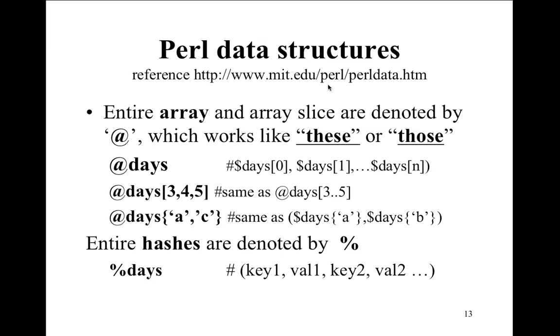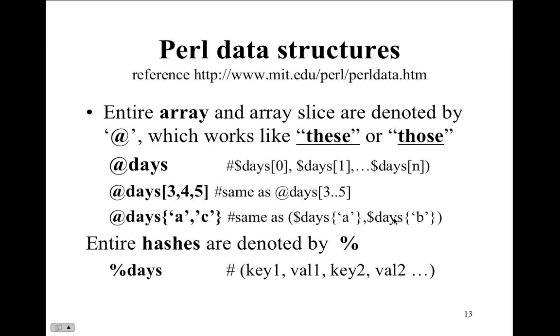So these days, those days, similar to @days 3, 4, 5, 6. And that's the other interesting thing about arrays themselves. They can take numbers, they can take characters, they can take scalars. You can actually nest items in array elements as well.